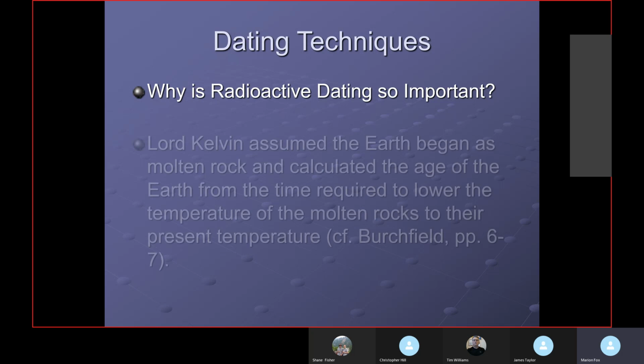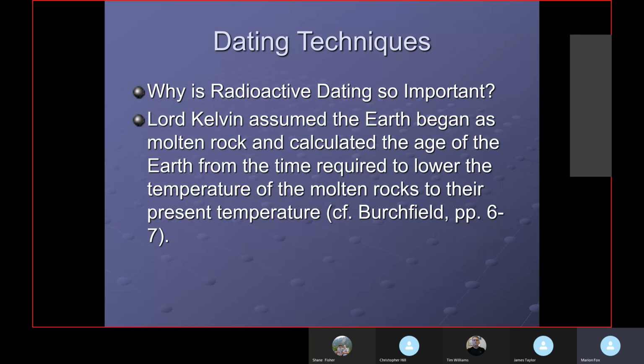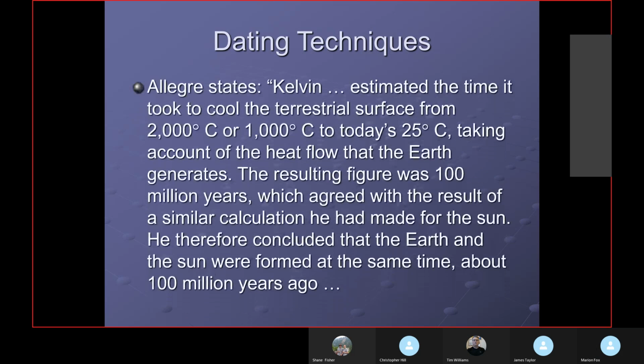Why is it so important? Lord Kelvin, for whom we have the Kelvin temperature scale, assumed that Earth began as molten rock and calculated the age of the Earth from the time required to lower the temperature of the molten rock to its present temperature. Birchfield talks about this on pages 6 through 7.